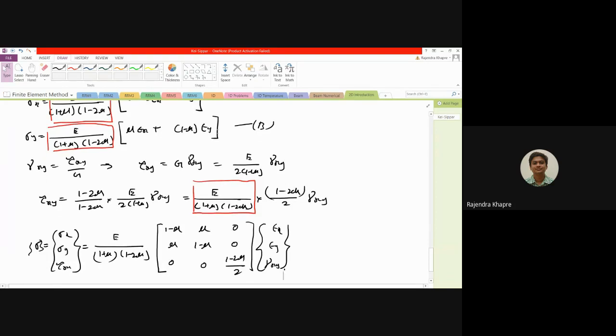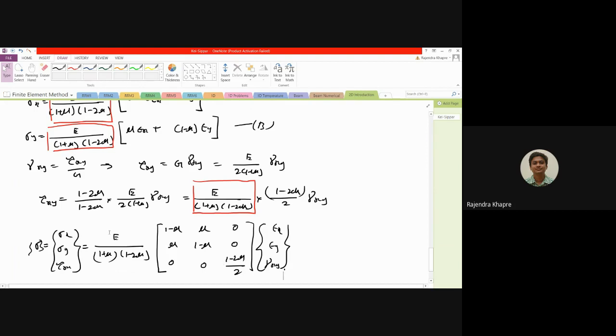Similarly, expression B is mu into epsilon x plus 1 minus mu into epsilon y, and the shear term is 0. As far as the shear part is concerned, you have no contribution of epsilon x, epsilon y, and you have only 1 minus 2 mu divided by 2 into gamma xy.